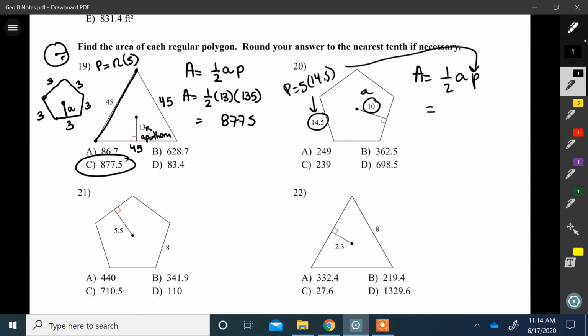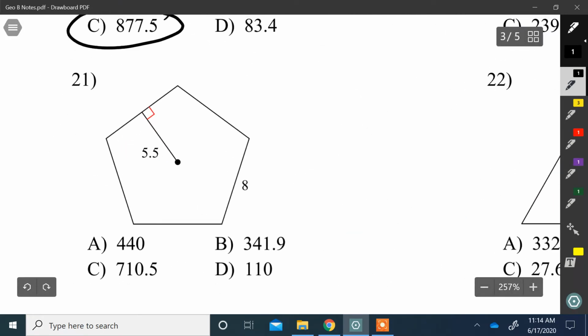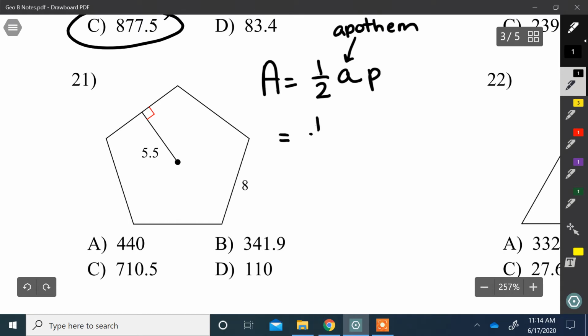Okay, same idea with number 21. Let me actually do this one for you. So we have area, half of that bottom, times the perimeter. The bottom in this case is 5.5. And the perimeter in this case we have 1, 2, 3, 4, and 5 there.